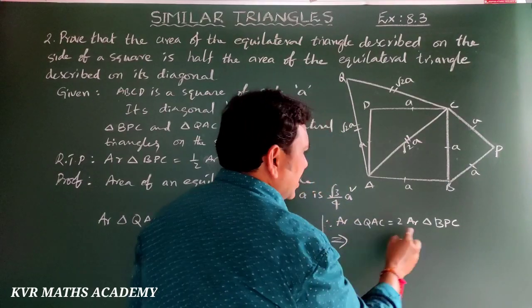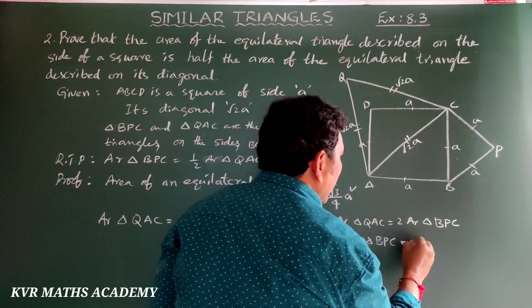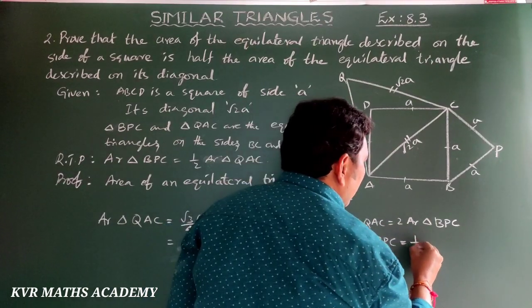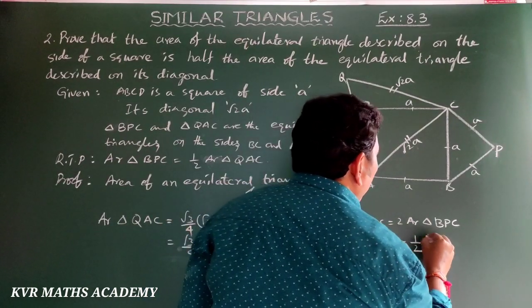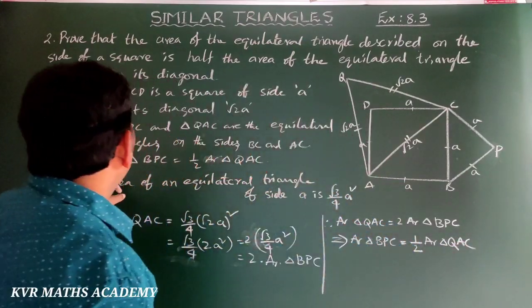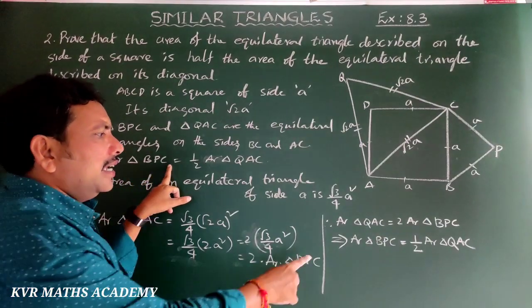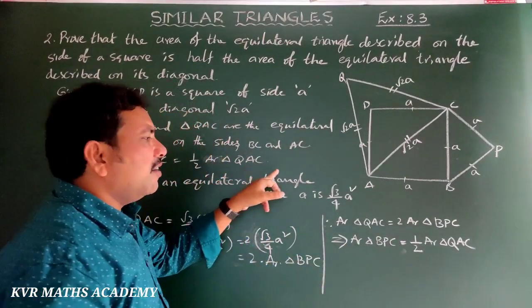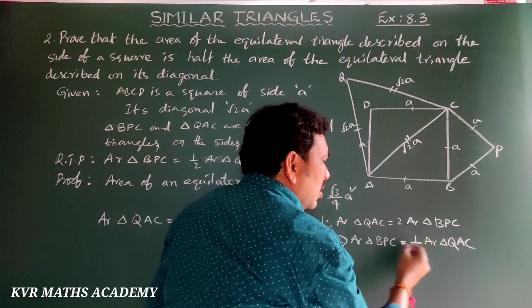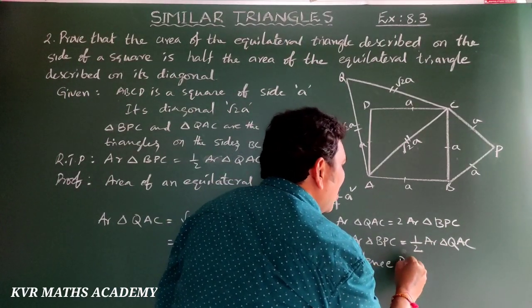So that implies area of triangle BPC is equal to, if you transfer this side, half into area of triangle QAC. So proved or not? Yes, exactly. So hence proved.